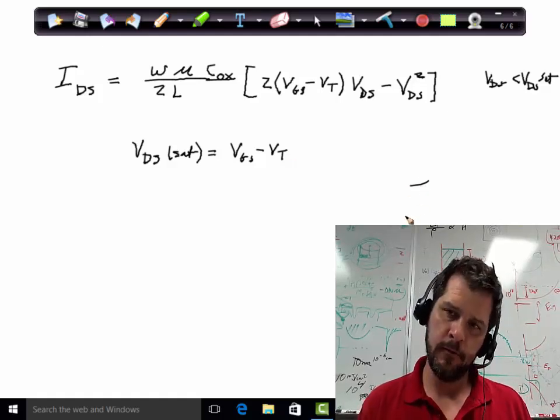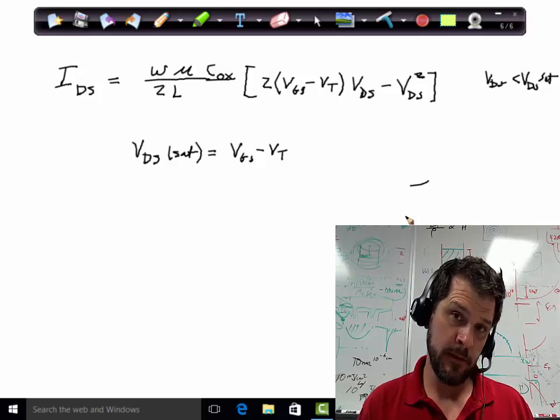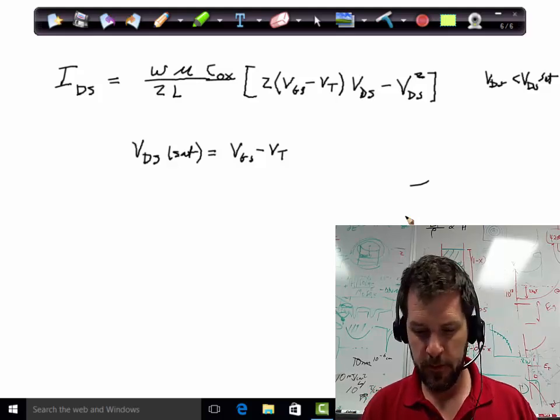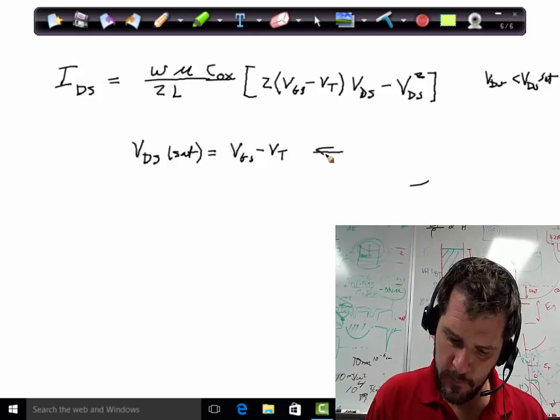And you can look at this equation above and actually maximize that equation by taking the derivative and then setting it equal to 0 and so on, and you'll arrive at this result.